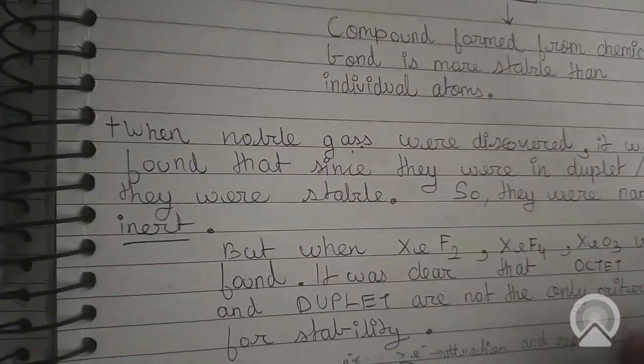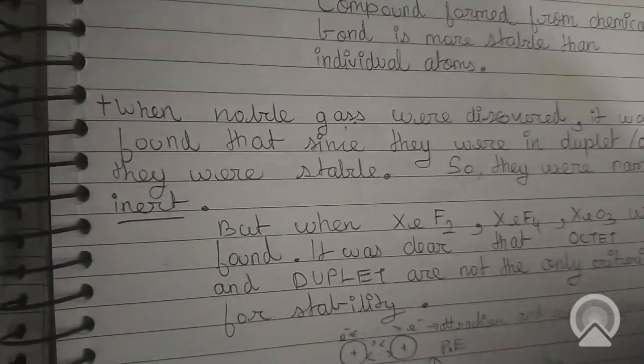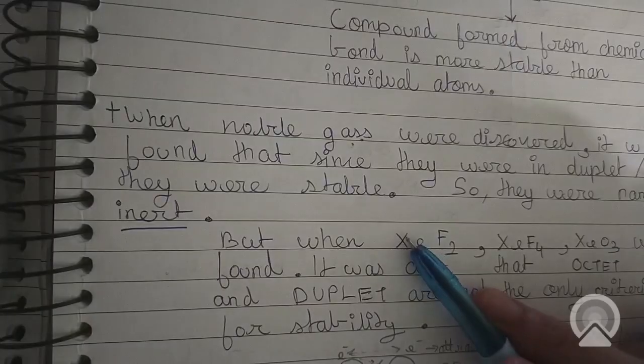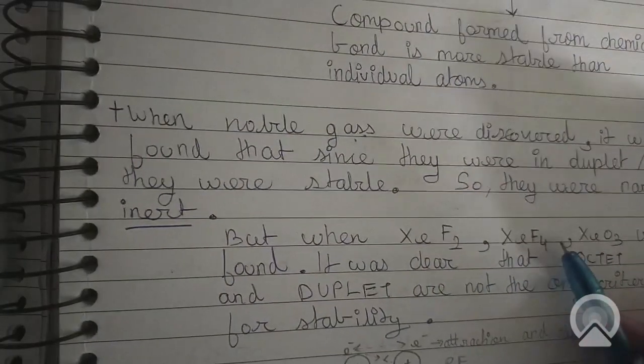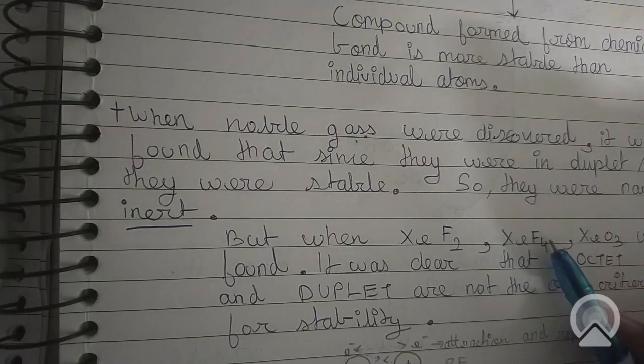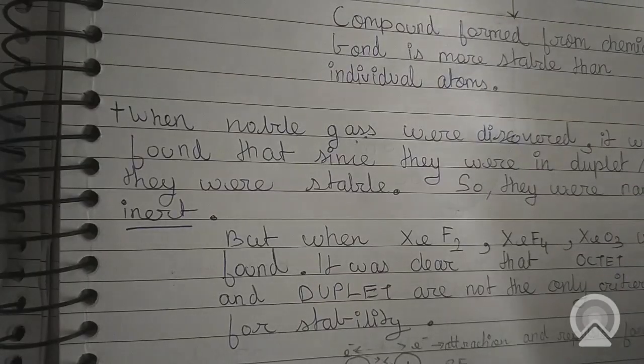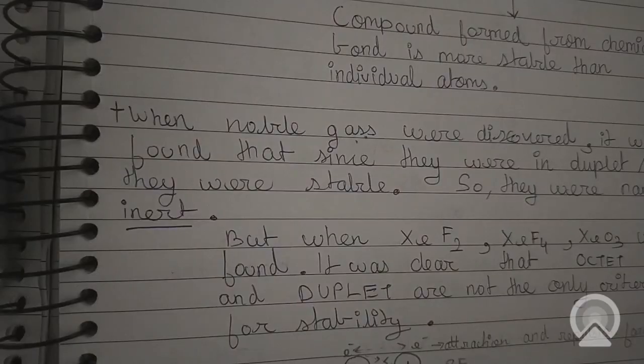But then one fine day, a scientist, or I don't know, some random nobody, came along and discovered xenon fluorides, xenon tetrafluoride, xenon dioxide. And with the discovery of all this, we got to know that duplet and octet are not the only governors of stability, and we need more and more criteria.